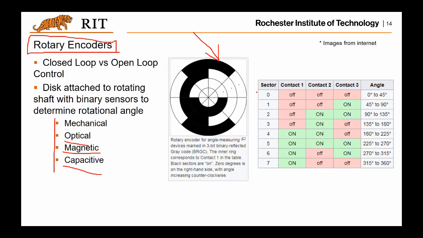By doing so, that gives you the different angles. I don't want to go into the details of this, but just to give you some idea that a bit is still utilized to represent the information, which is exactly the same strategy utilized in your computer or your cell phone, right?